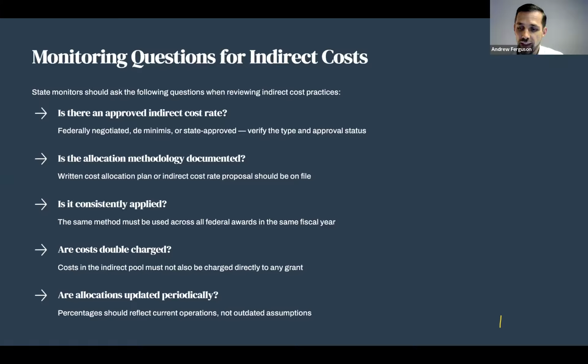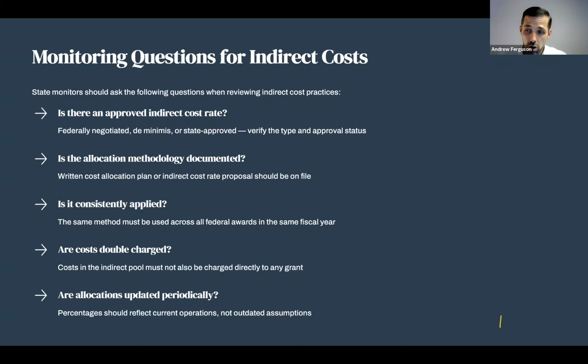And that's not good. If it's not being consistently applied, if the organization is not following the written cost allocation plan, that is an issue, and from an auditor's perspective, that's something that is going to result in a finding to the organization.